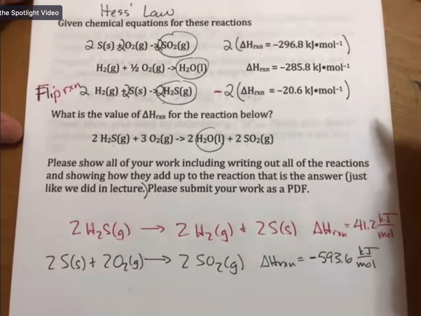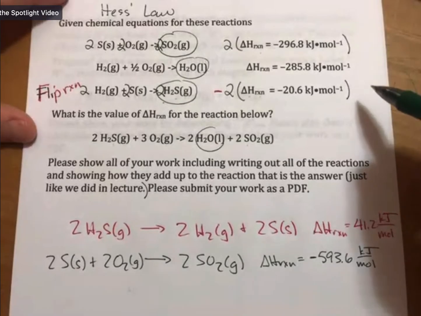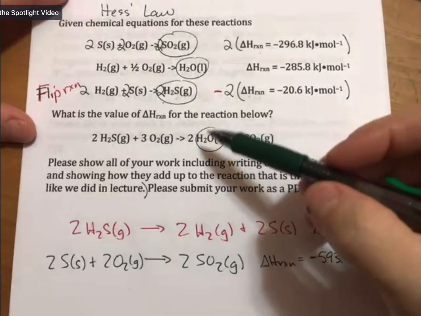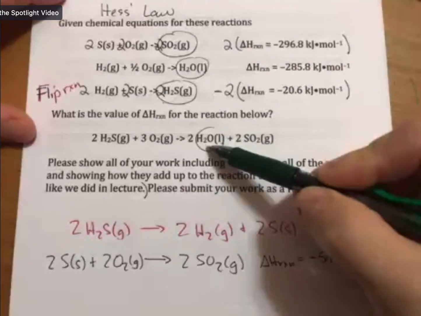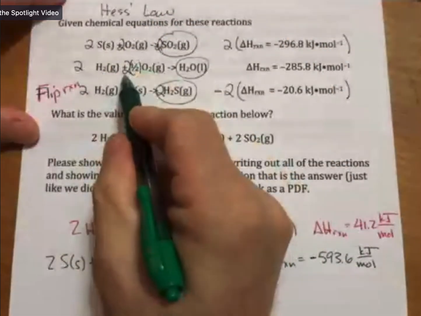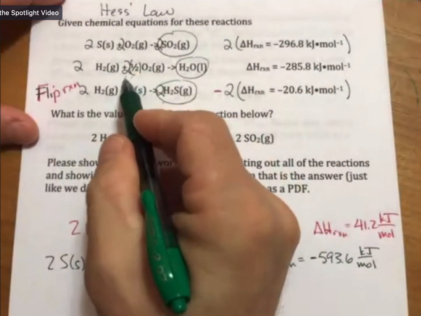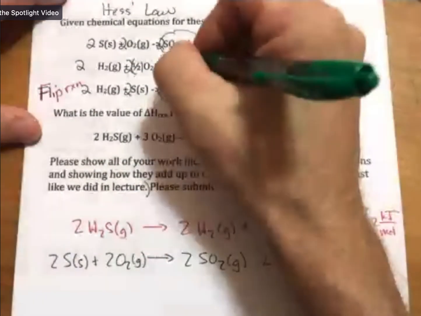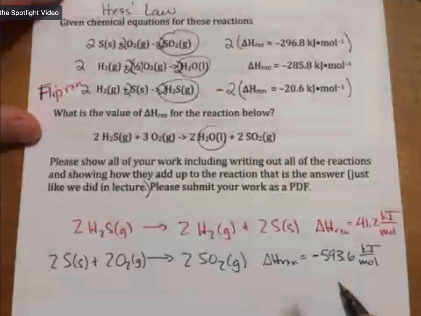Now I'm going to do my third reaction. For my third reaction, I've got 2 H2O liquid, and so I've got 1 H2O liquid. So I'm going to do 2 times everything, and this is going to be 2 times a half, so that's just going to end up being 1. And now I've got 2 on that side, and 2 times delta H as well.